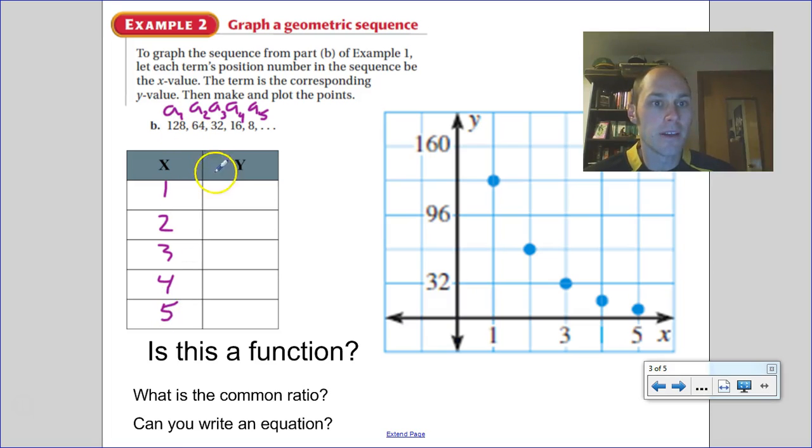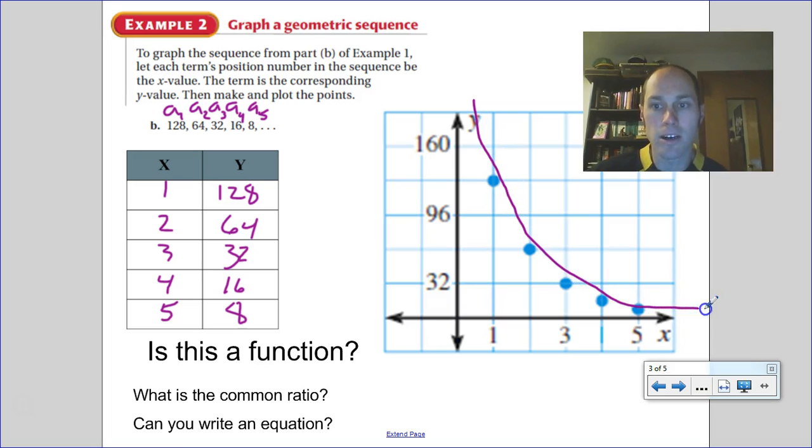Y will be our values. So our first term is 128, second term is 64, third term is 32, fourth is 16, and our fifth term is 8. We graph those points on our graph, and you can see that exponential curve coming into play there. So if I were to connect those, I can see my curve going on there.